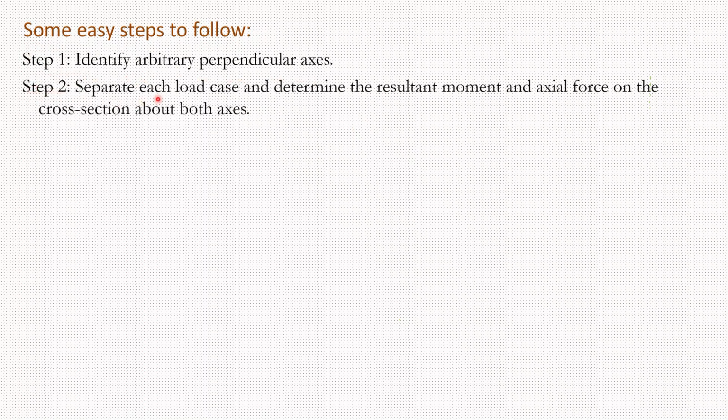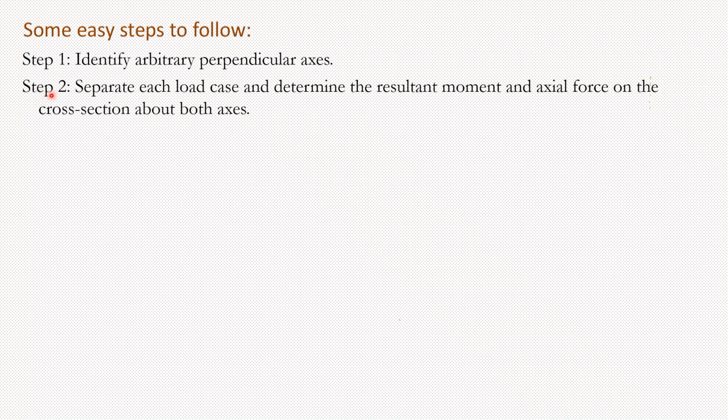As per the other videos that you've seen, I have some steps for you again to follow. Initially, we're going to identify some arbitrary perpendicular axes. As I mentioned, the x, z, so we're going to do that. Then we're going to separate each load case and determine the resultant moment and axial force on the cross section about both axes. So it's very similar to the method of superposition for calculating the deflection.